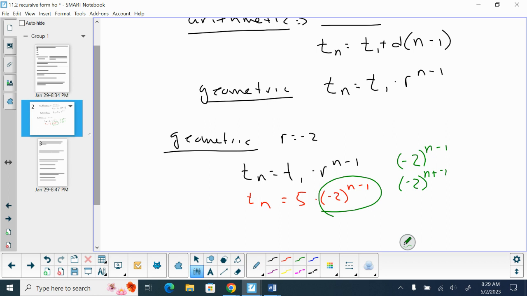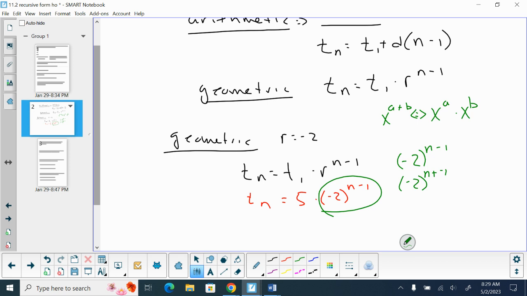Minus 1 is plus a negative 1. Using our properties of exponents, when we have x to the a plus b power, this is x to the a times x to the b. And this goes in both directions.